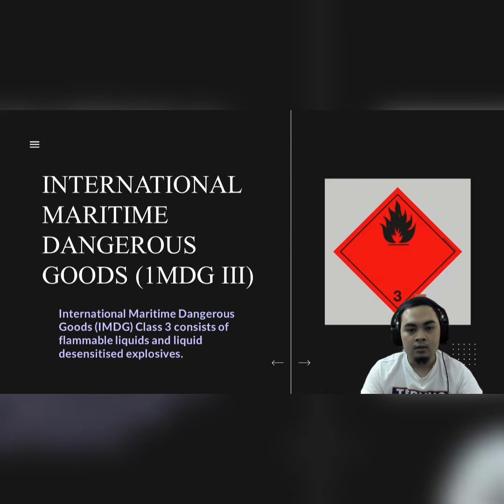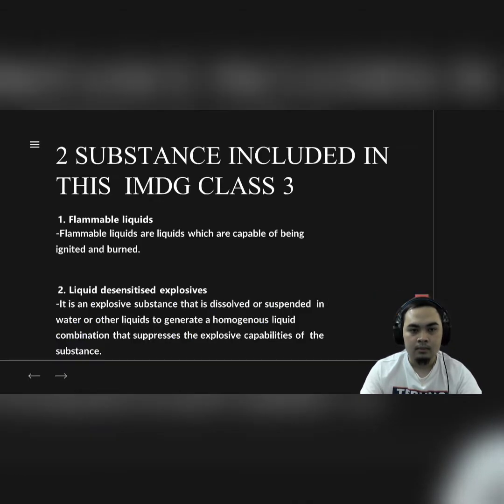IMDG Class 3 also consists of flammable liquid and liquid desensitized explosive. On the right side of the PowerPoint, this is the IMDG Class 3 logo.